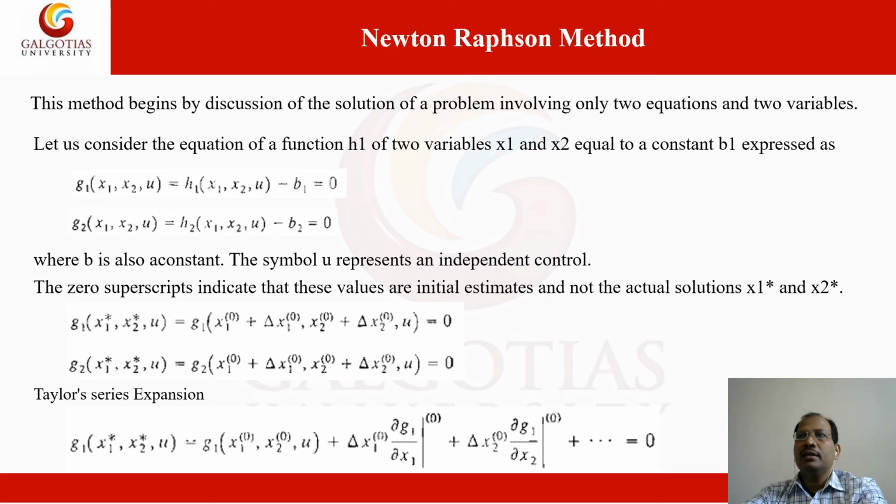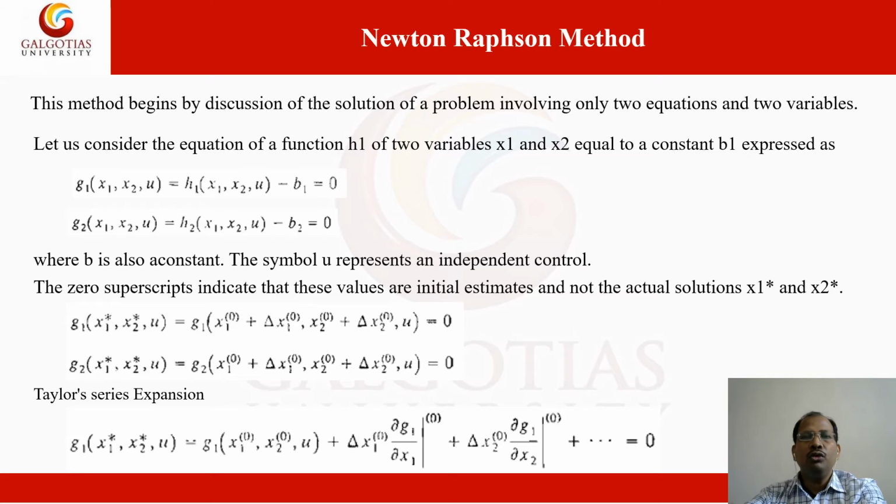So here this is the Newton-Raphson method. Here we are not considering the power equation; we are trying to explain the basic aim of the Newton-Raphson method in a simpler mathematical way. Here we are considering two variables, represented by x1 and x2, and b1 and b2 are constant values.